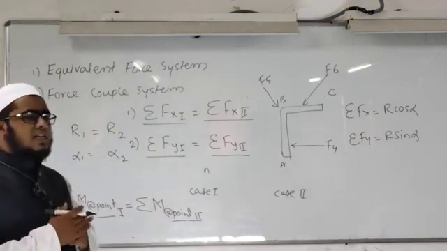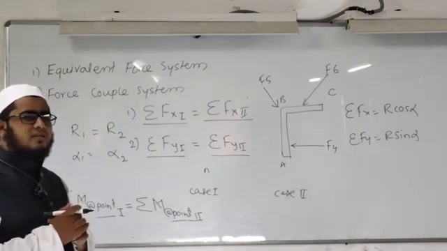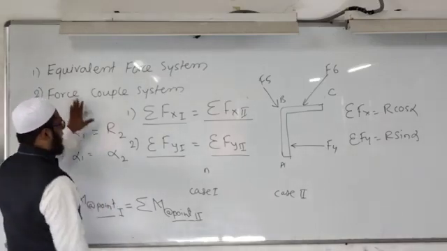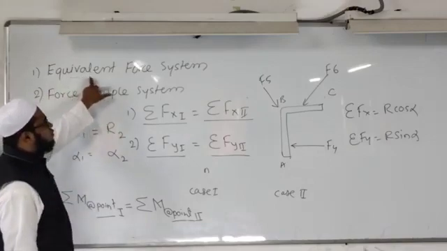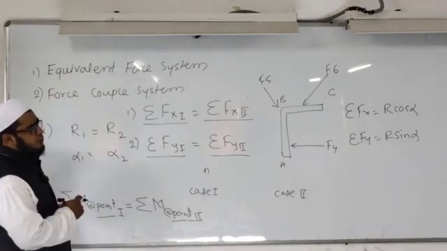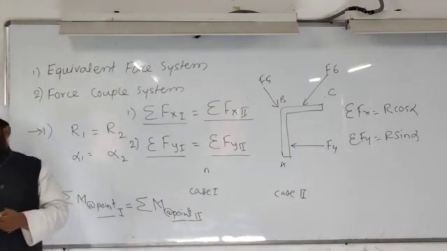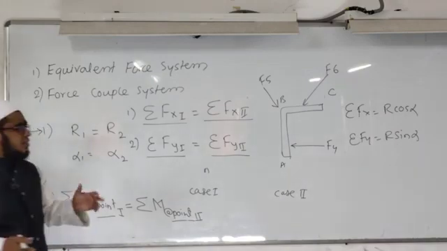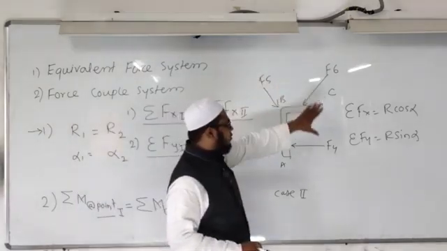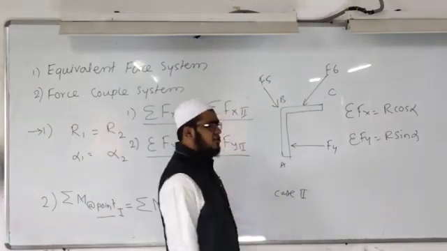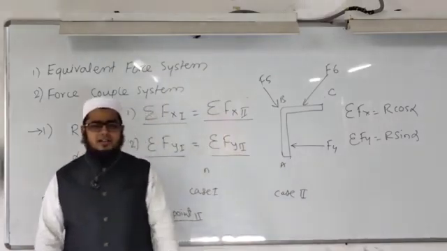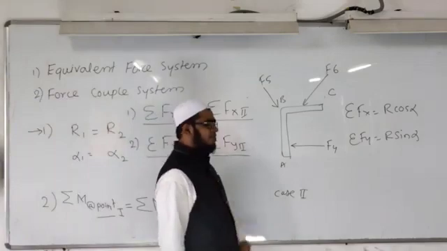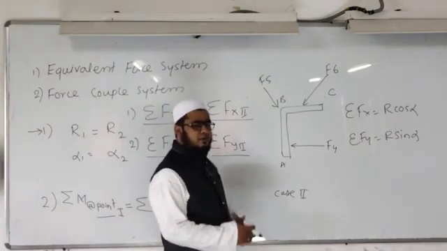Whenever these three conditions exist between two force systems, then those force systems are said to be equivalent to each other. Equivalent force system. Then how to determine the equivalent force system? If some force system is given, for example, this force system ABC, and the statement asks to determine the equivalent force system consisting of a single force about point A, then what will we do?